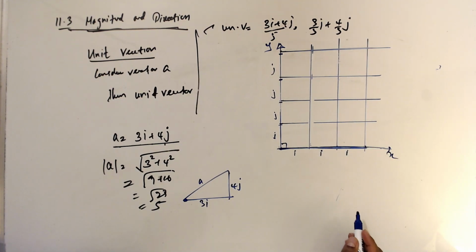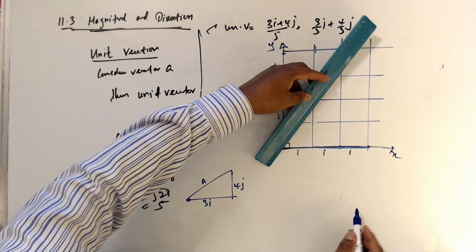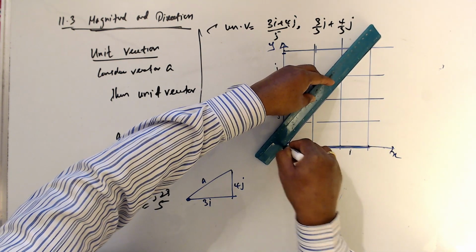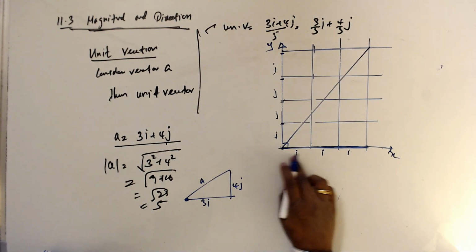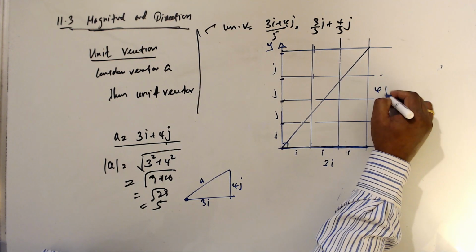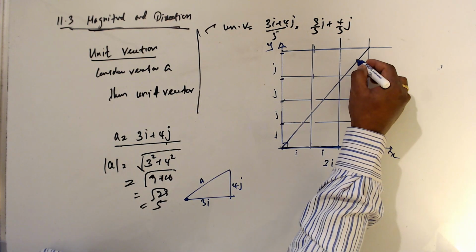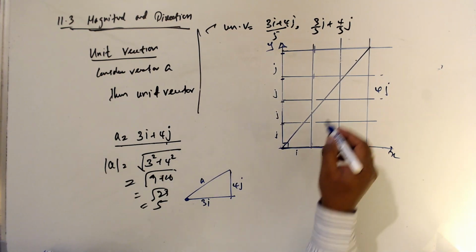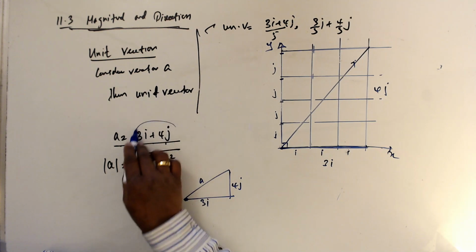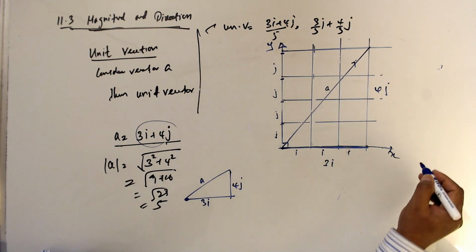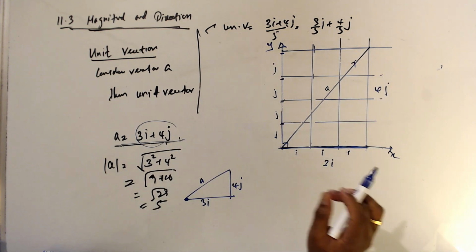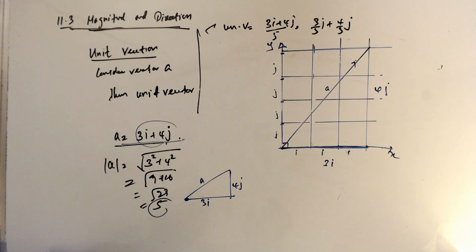So if I draw like this, this is going to be 3i plus this 4j. Now we found this A. What is this A? A is 3i plus 4j. And what is the size of this A? The size of A is 5 units.